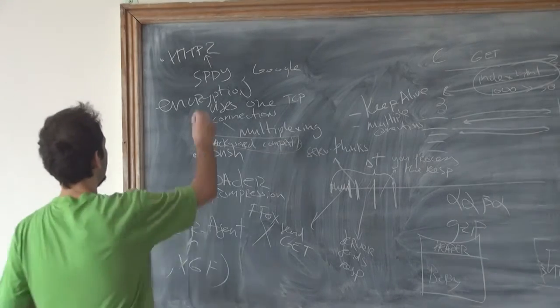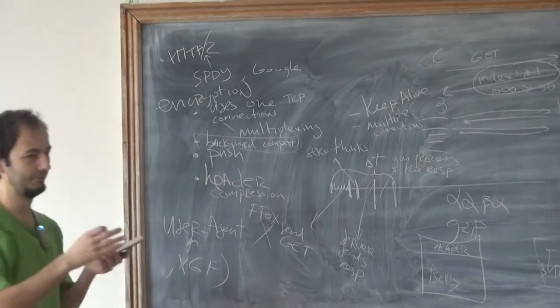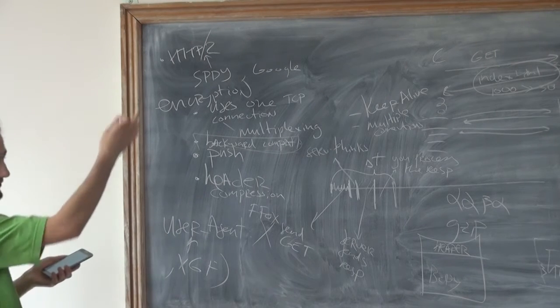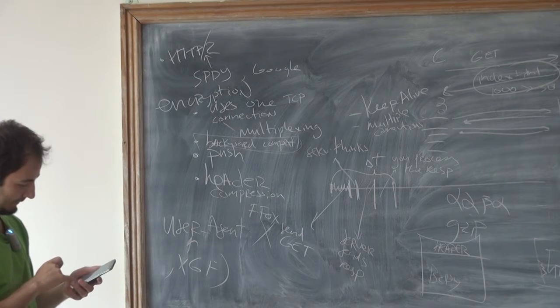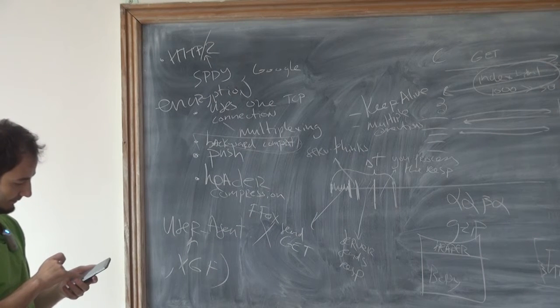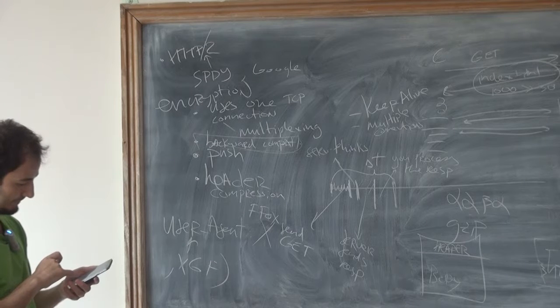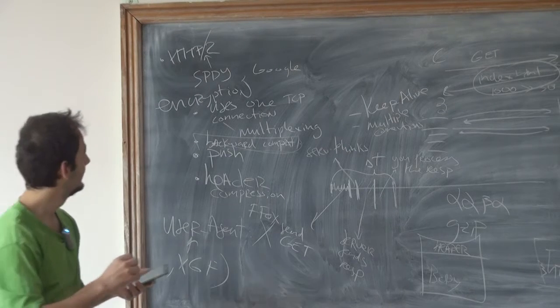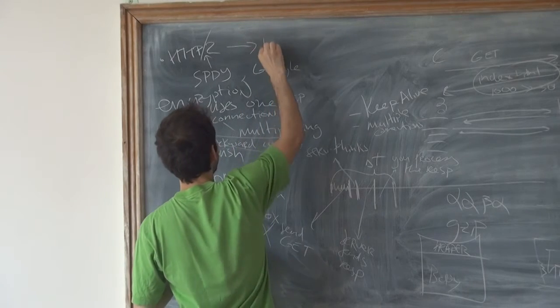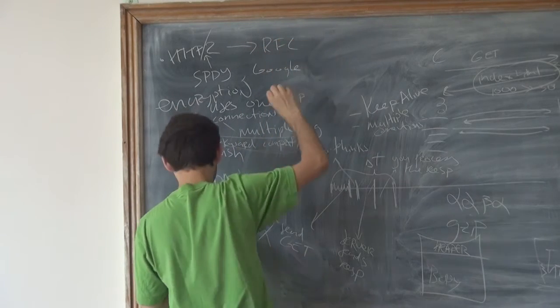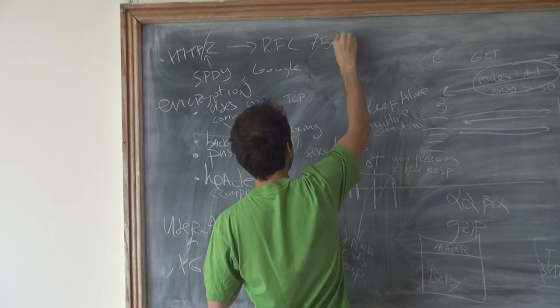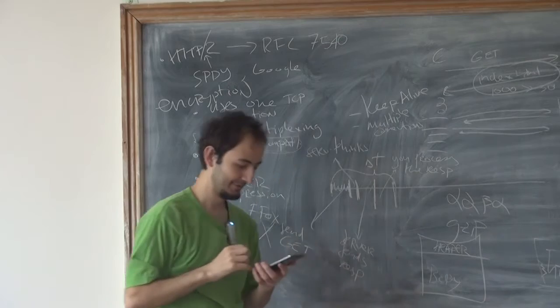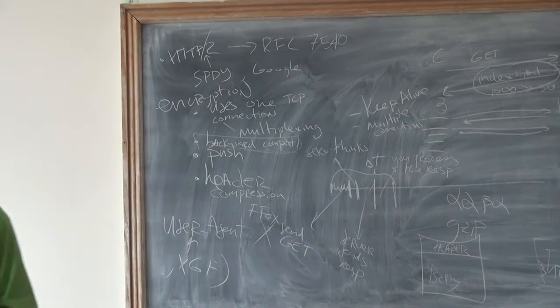First of all, the official way to write it down is HTTP/2. And it's defined in RFC 7540, which was published in May 2015.